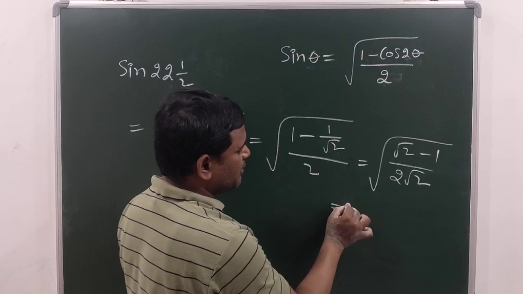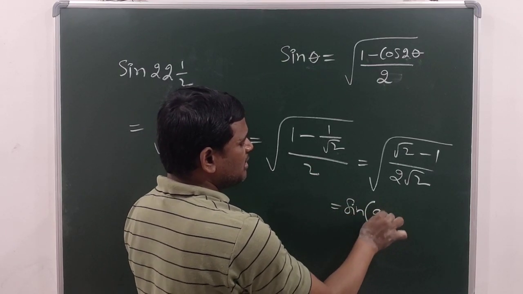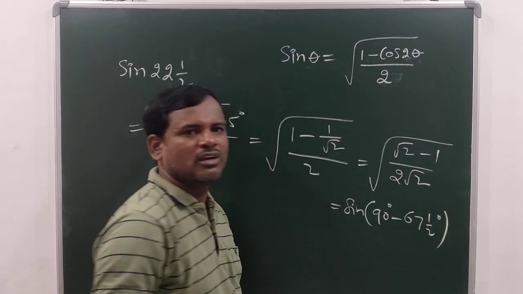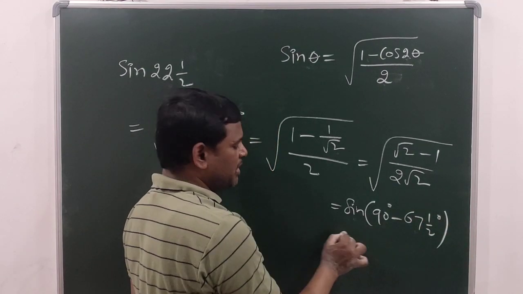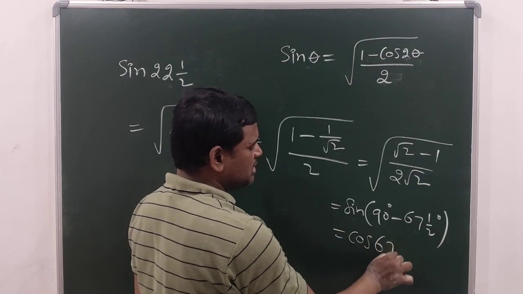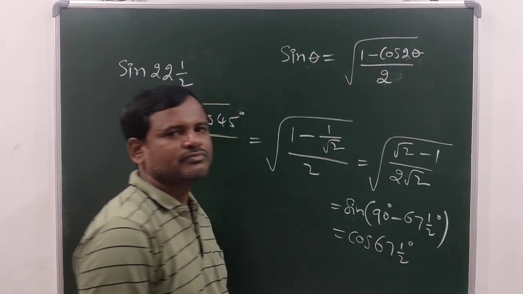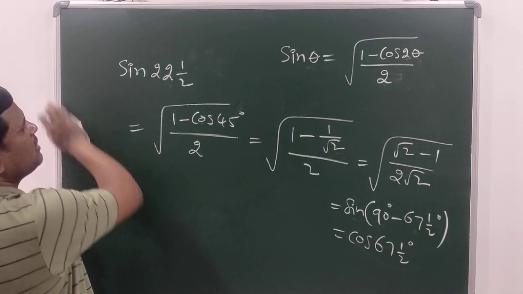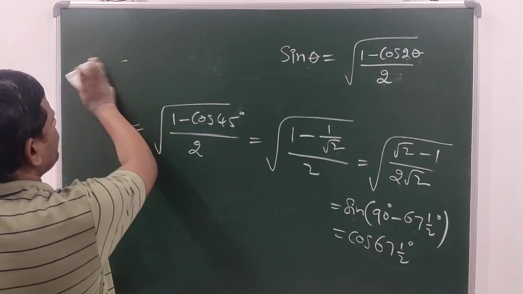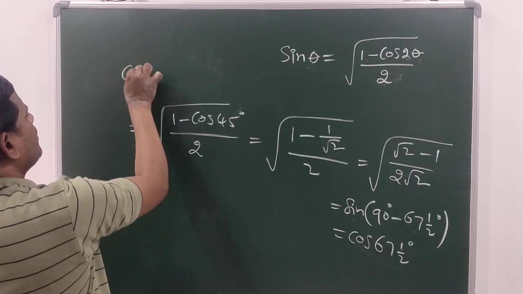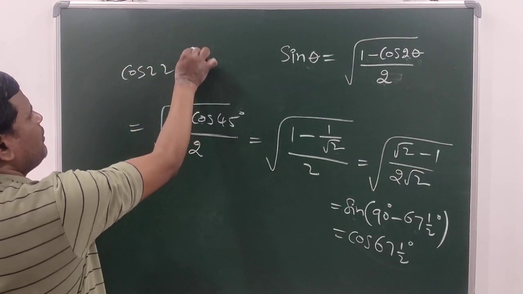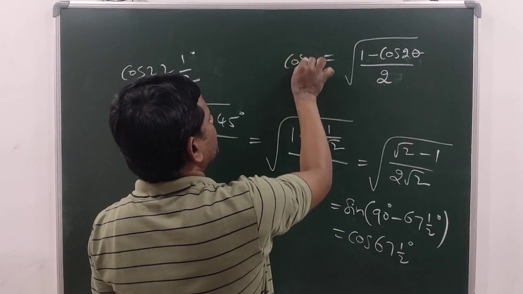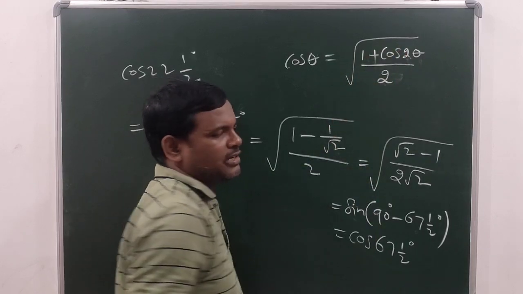Even this sine 22.5 can also be written as sine of (90 degrees minus 67.5 degrees). Sine (90 minus theta) is equal to cos 67.5. Right, remember this. Similarly, suppose you want cos 22.5 degrees. If you would like to find it, then here you have to write cos theta, so here plus you will get.